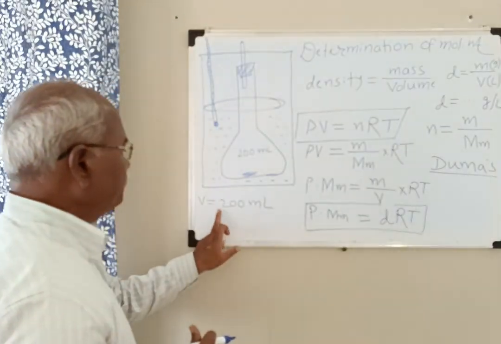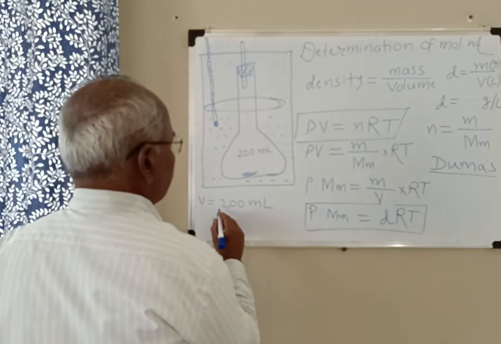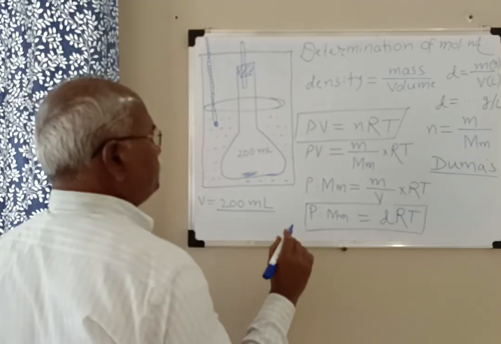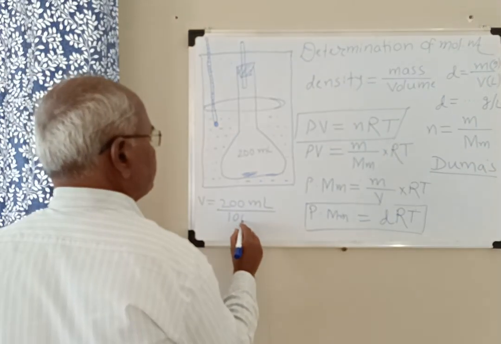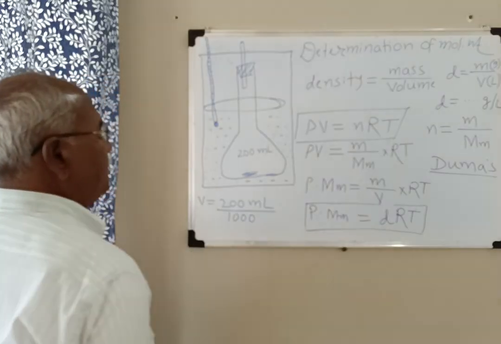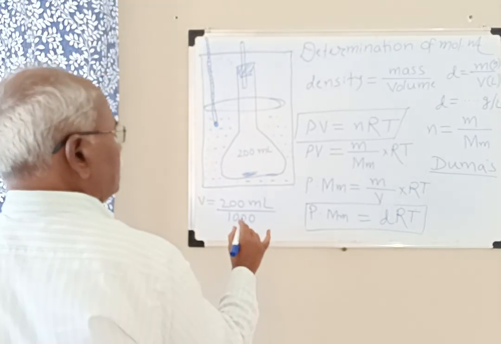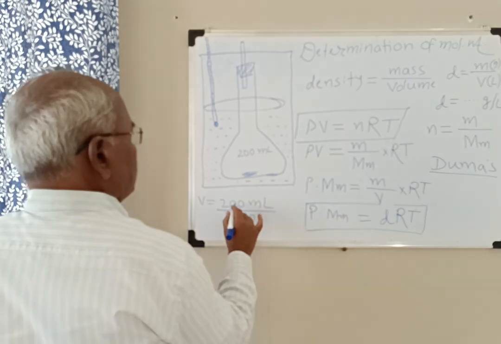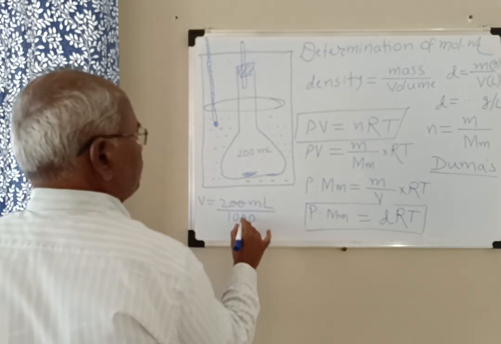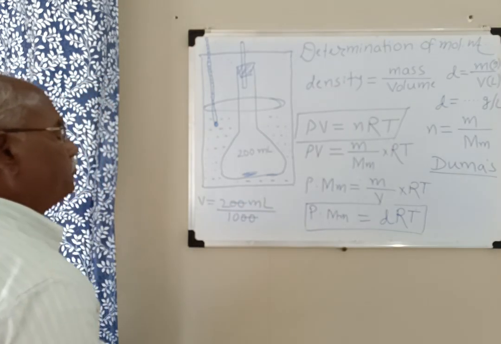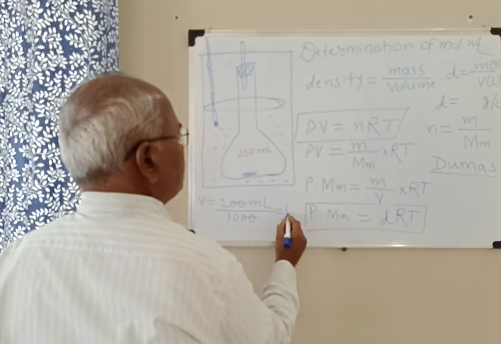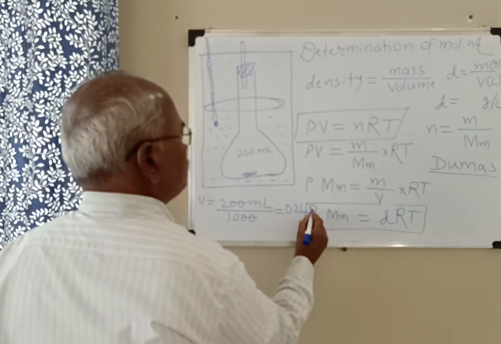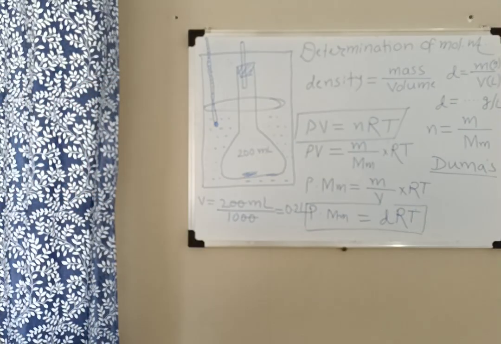Therefore, this 200 ml I want to convert into liter. I divide by 1000. Cancel these two zeros with these two zeros. 2 upon 10 is equal to 0.2 liter.